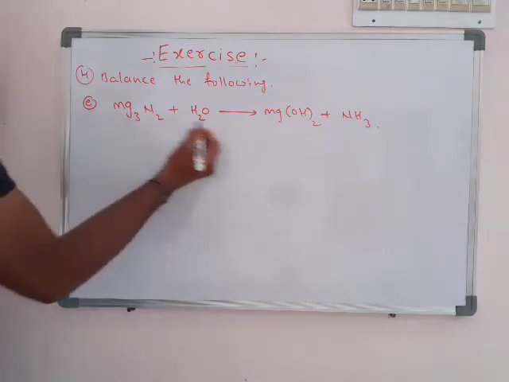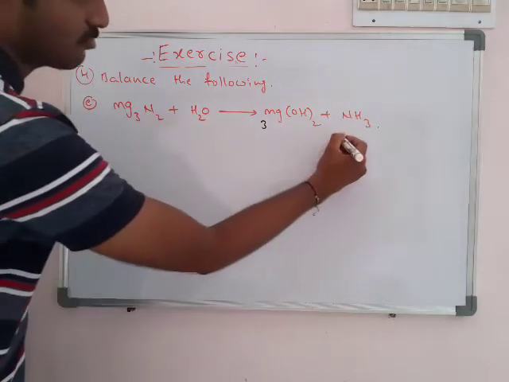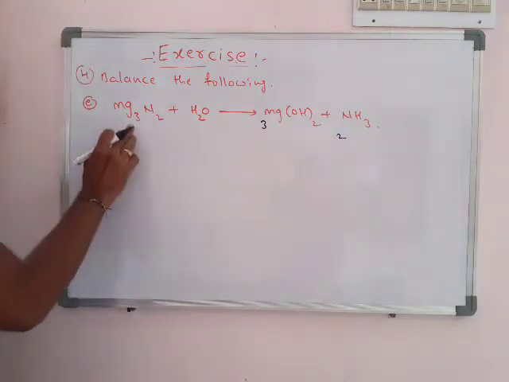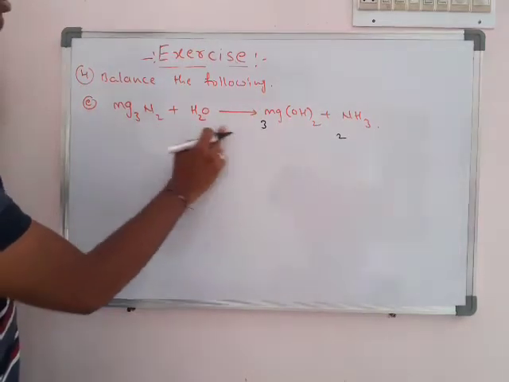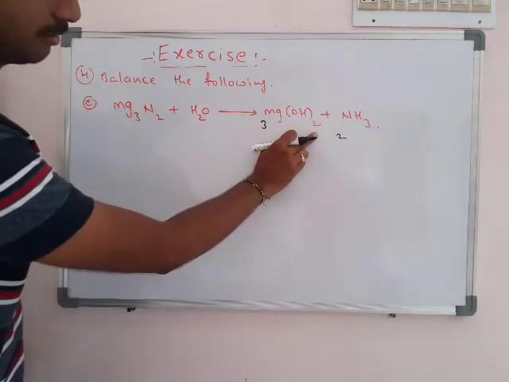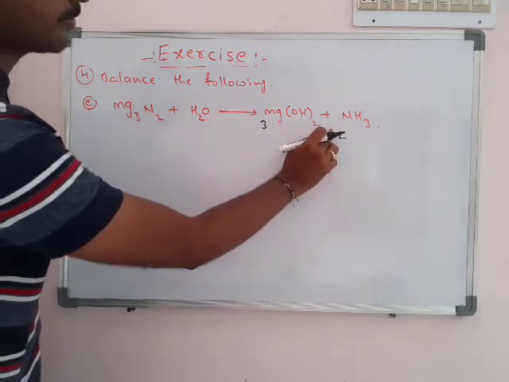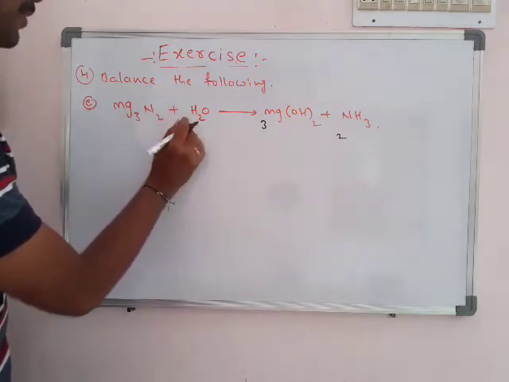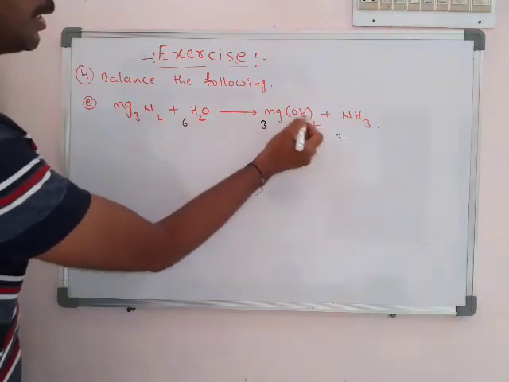So 3 magnesiums we compulsorily put 3. Next 2 nitrogens we must put 2. Now check it. 2 nitrogens. But hydrogens, only 2 are there. Here 3 to 6. Here also 6, 12 are there. We need to put 6. 6 to 12. So oxygens become 6. Here 3 to the 6.